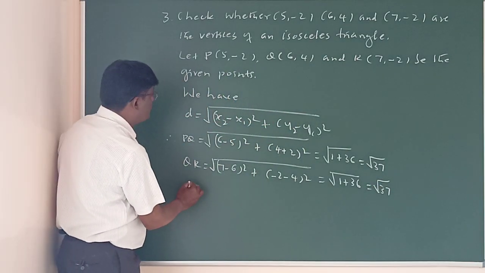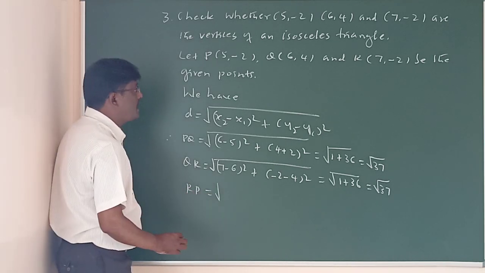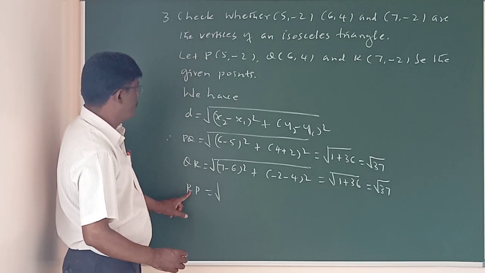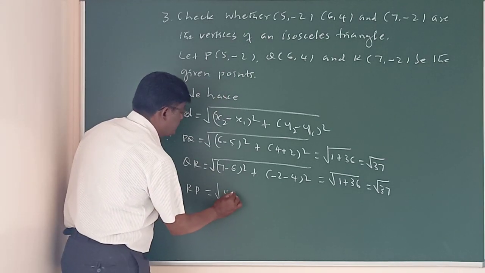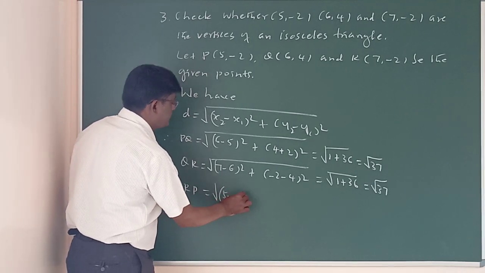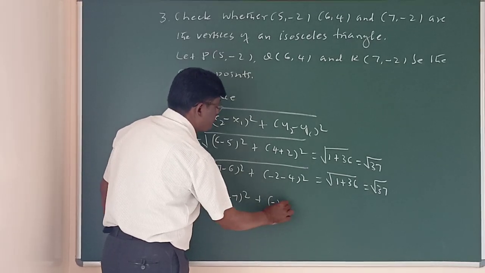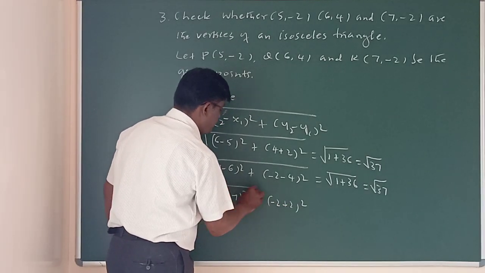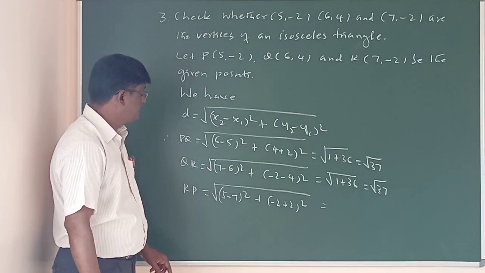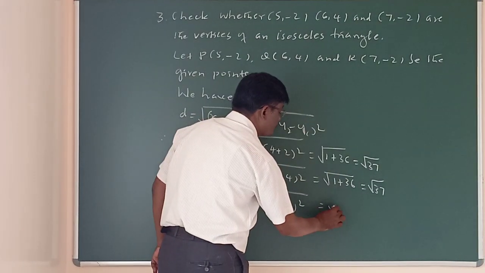Next, let us take RP. When we take RP, R is x1 y1, P is x2 y2. Therefore the square root of (5 minus 7, correct?) whole square plus (minus 2 minus of minus 2, that is minus 2 plus 2) whole square. 5 minus 7 is minus 2, square is 4.